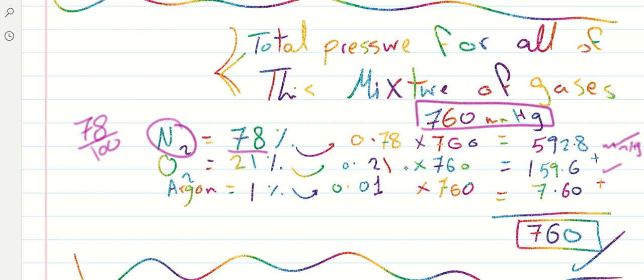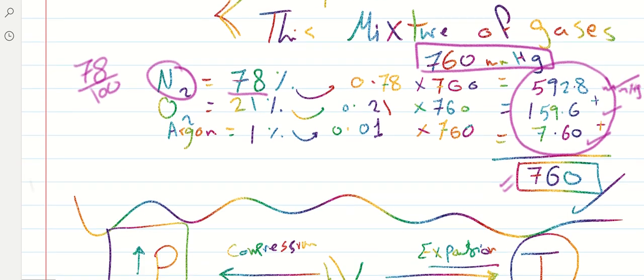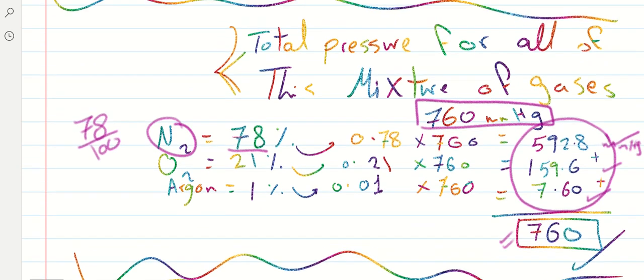Argon, 1%, means 0.01 times 760, and you get the answer. You should check your answer. How? By adding all of these together, and the answer should be equal to 760, because that is the total pressure for all of the gas mixture. Okay? Done? That was the challenging question.